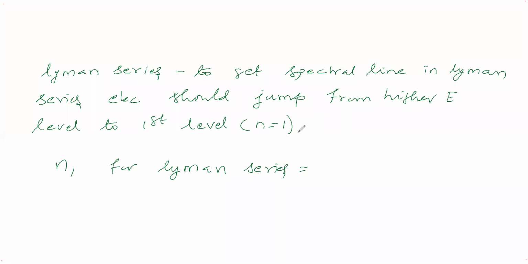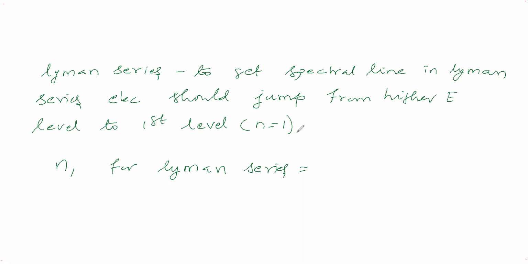De-excitation means electrons present in a higher energy level jump to a lower energy level while emitting energy. That emitted radiation gives spectral lines in the hydrogen spectrum.